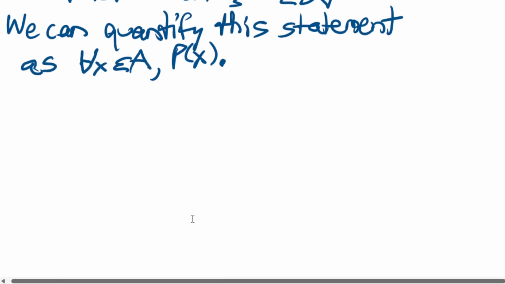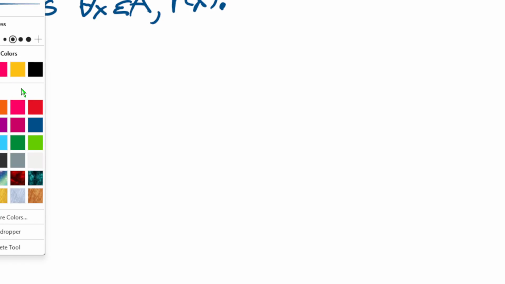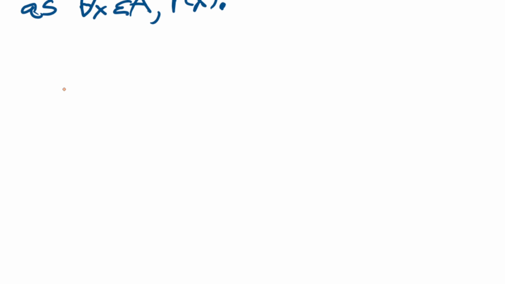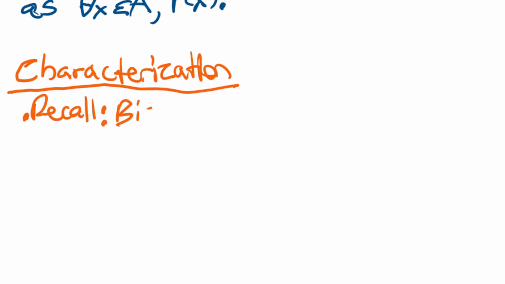All right, so the last topic we will look at in this lecture, and for section 2, pick out a color here, just for a different topic, is characterization. So if you remember, the last topic covered in the last lecture was biconditionals.